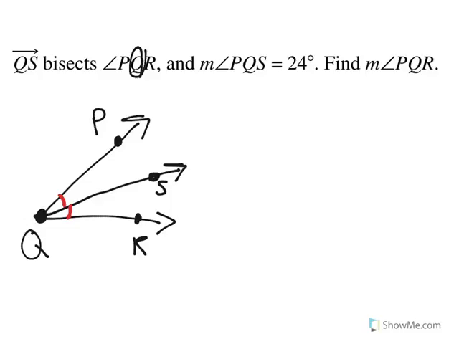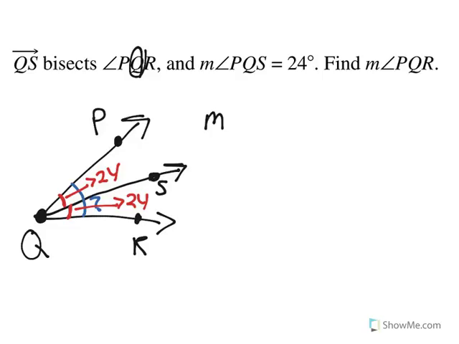So the measure of PQR is the total measure going all the way across here, and we're looking for that. We are also told that PQS is 24. So PQS here is 24 degrees. So if PQS is 24, what does that make SQR? Well, remember that QS bisected that big angle. So if this one is 24, that means this one would also be 24. So then if we're looking for our total, we would add our parts.